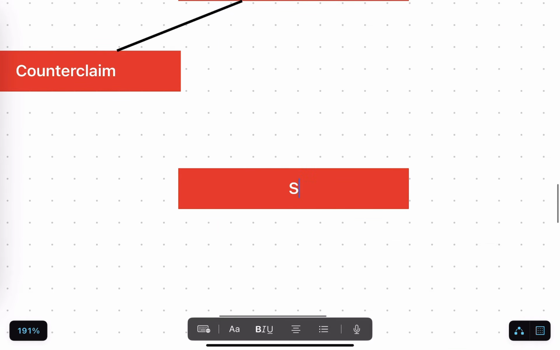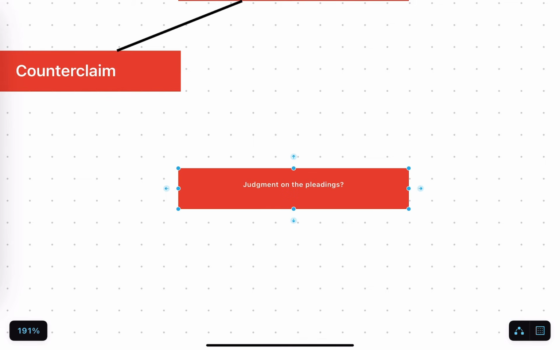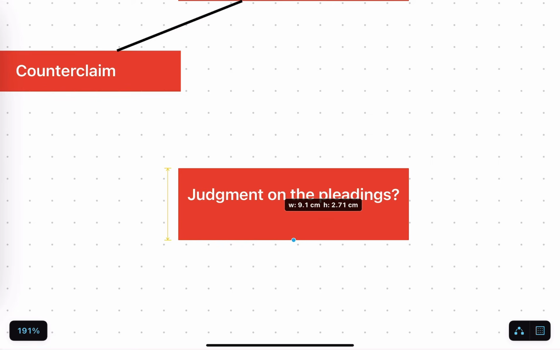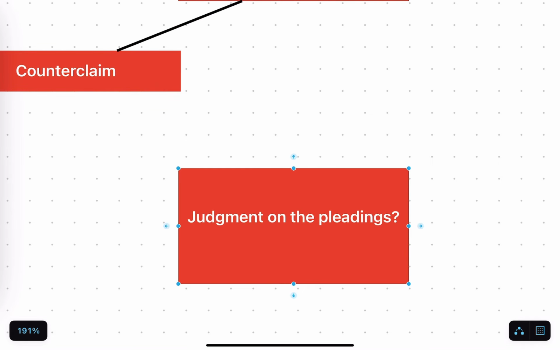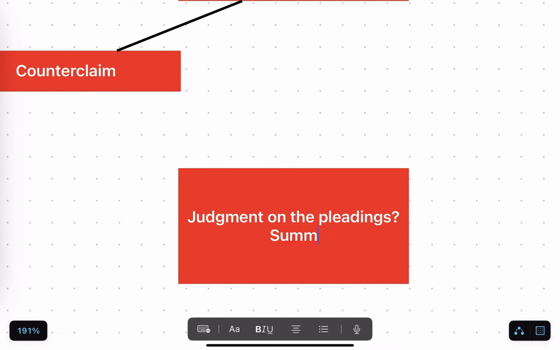So, judgment on the pleadings pag ang answer fails to raise an issue, or there is an admission of material allegations. So, yan yung resort. And if no genuine issue is raised, then summary judgment.